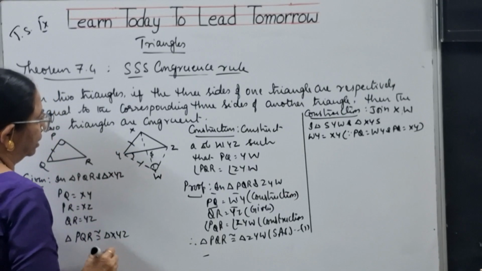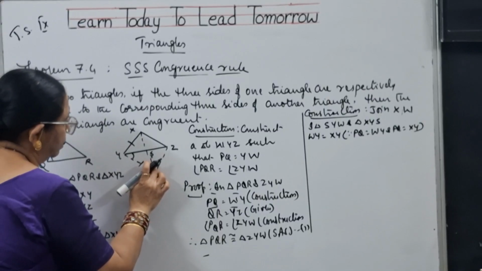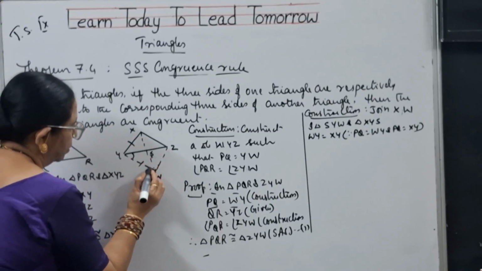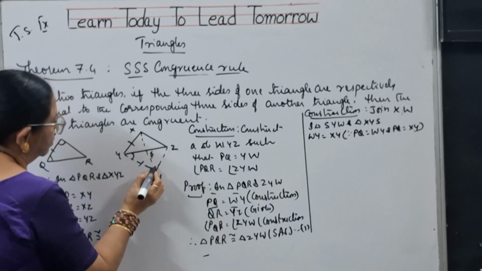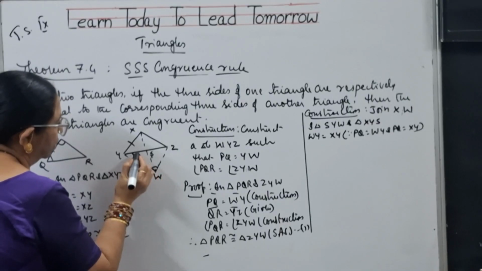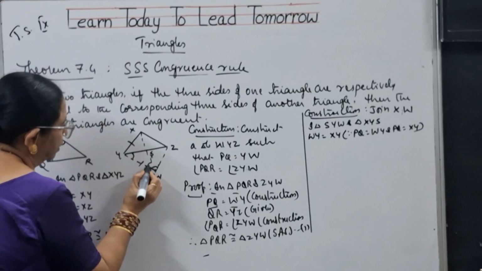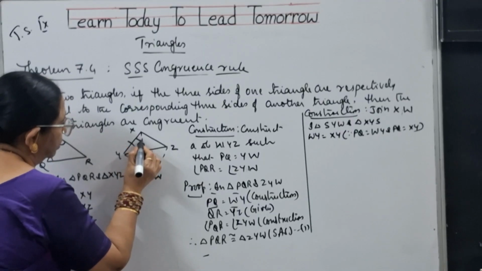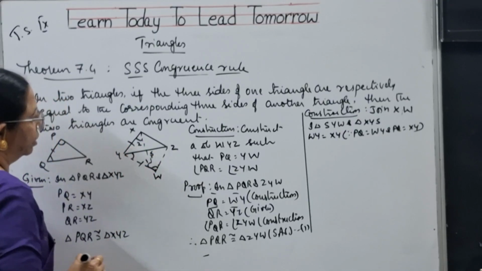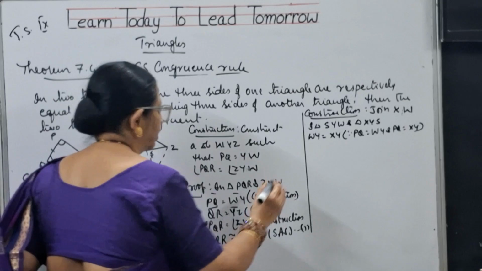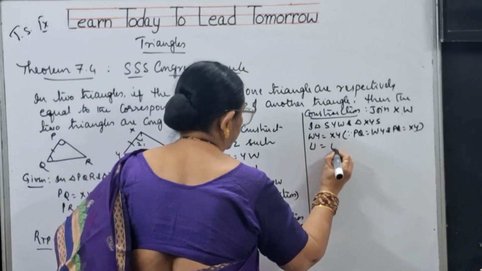When these two are equal, I can say here, let me take this as angle 1 and this as angle 2. Angle 1 is equal to angle 2.